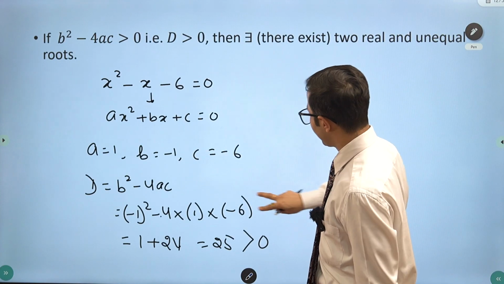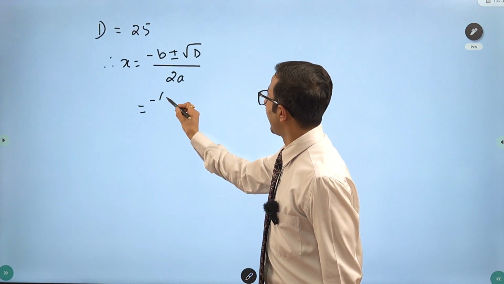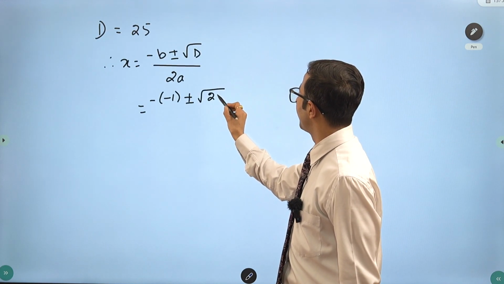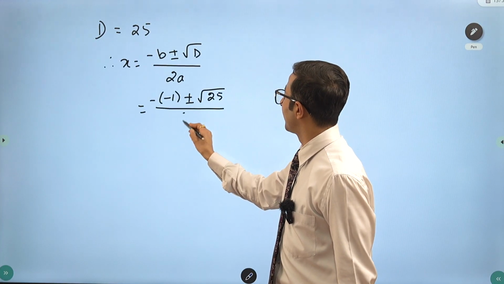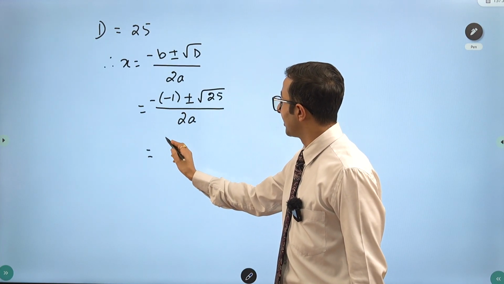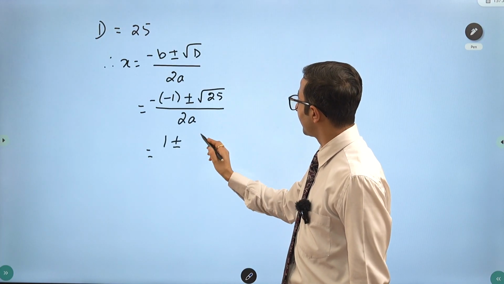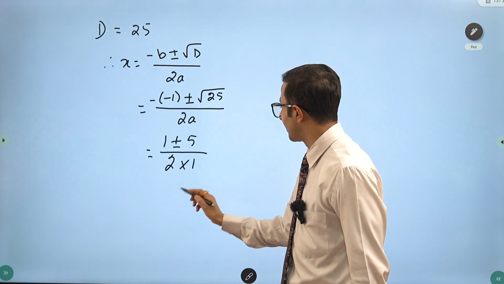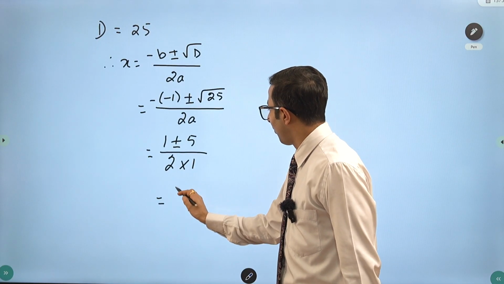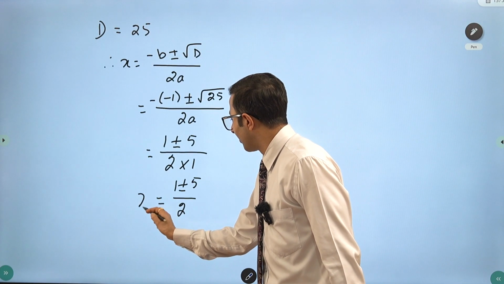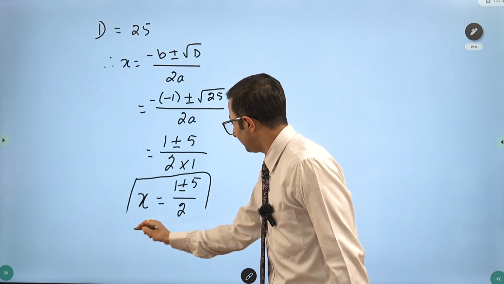In place of b is minus 1, so minus of minus 1 plus minus square root of the discriminant, 25, whole divided by 2a. Minus 1 into minus gives us 1 plus minus square root of 25 is 5, divided by 2 times the value of a, which is also 1. So 1 plus minus 5 divided by 2, that is the value of x.